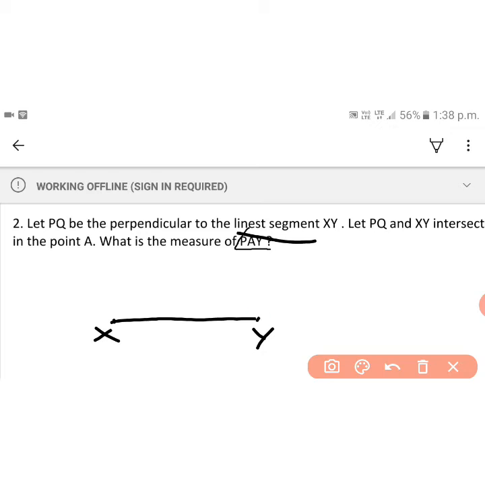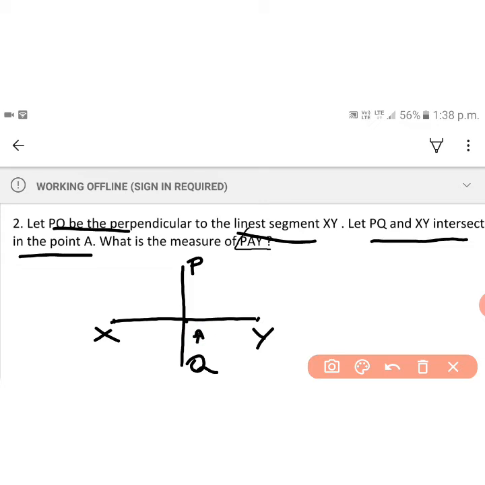Let PQ be the perpendicular to the line segment XY. So mark it as PQ. PQ is perpendicular to the line segment XY. Let PQ and XY intersect in the point A. So PQ and XY intersect at the point A.